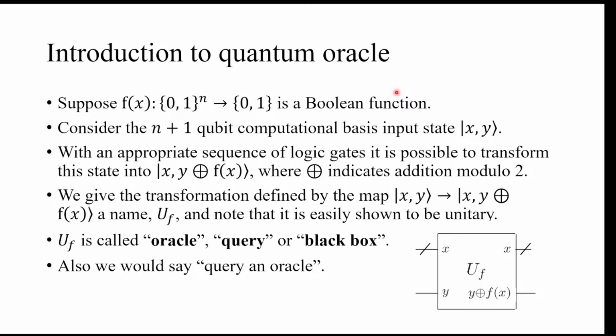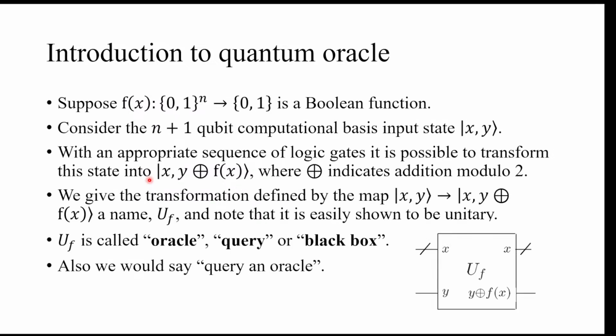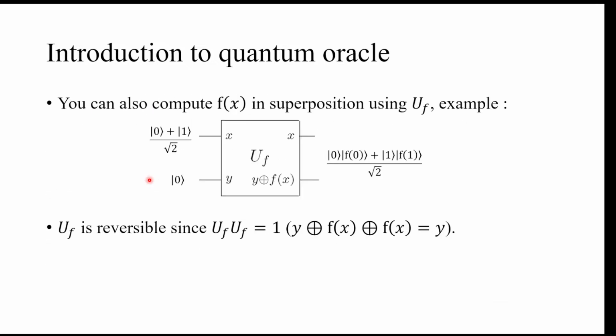First let's take a vote here. How many of you heard about classical oracle in computer science? If you heard about oracle, raise your hand. One of you, okay, some? Anyway, we will need to talk about the idea of oracle starting from classical oracle.